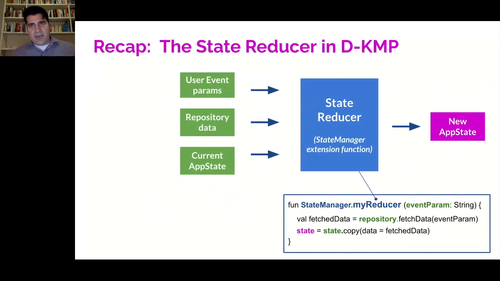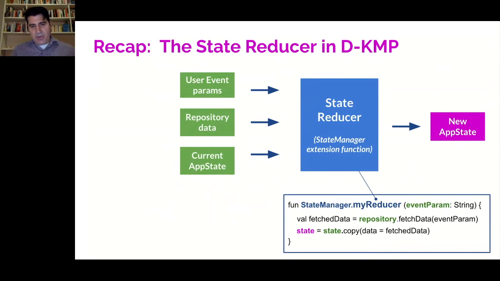Actually, the repository is one of the properties of the state manager. Being an extension function, we have direct access to the repository object from the state reducers. And the other input is the current state. Here you see a computed property, state, which is the value of the mutable state flow.